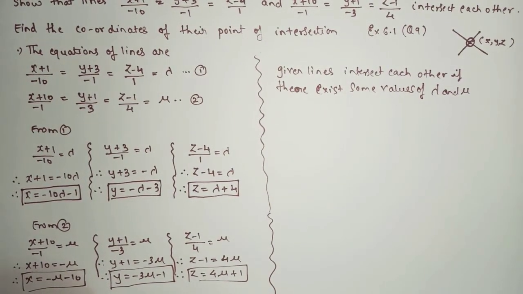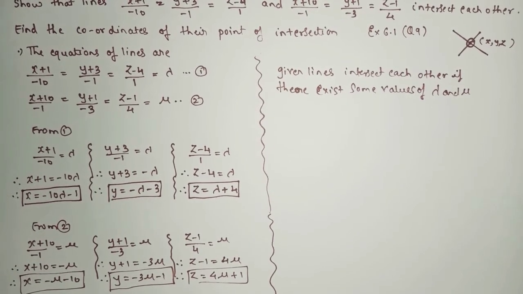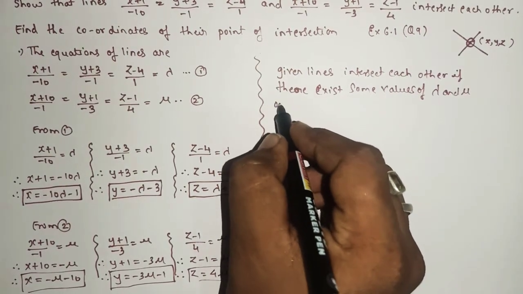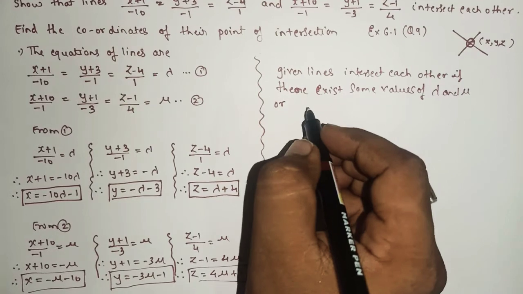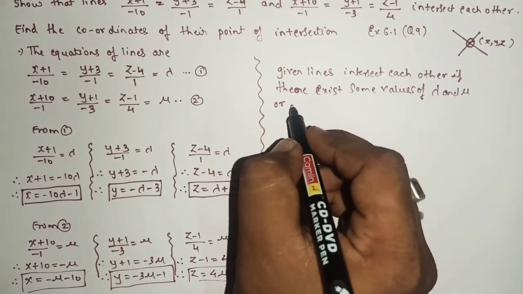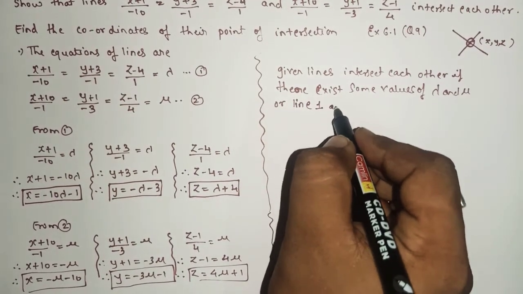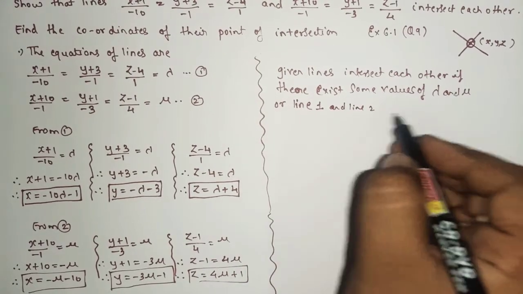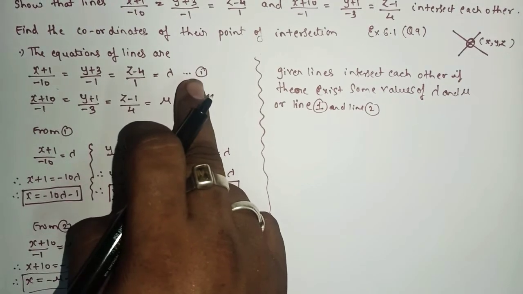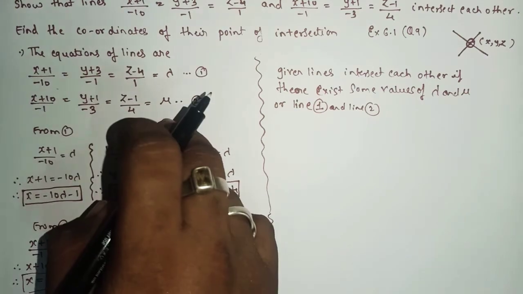Or in simple language, line 1 and line 2, this is equation number 1 and equation number 2, the Cartesian equation first and Cartesian equation 2.